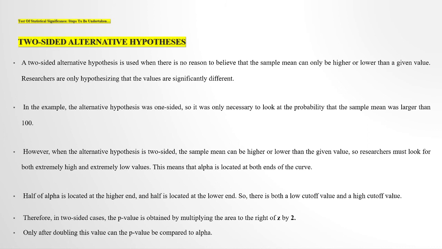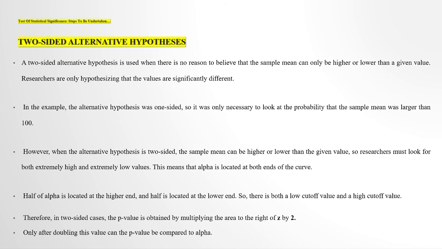So when the alternative hypothesis is two-sided, the sample mean can be either higher or lower than the given value, and the researcher must look for both extremely high and extremely low values for a complete observation. This means that alpha is located at both ends of the curve.